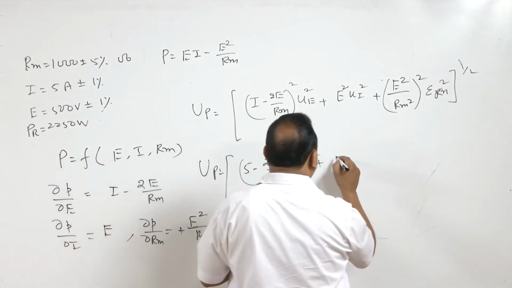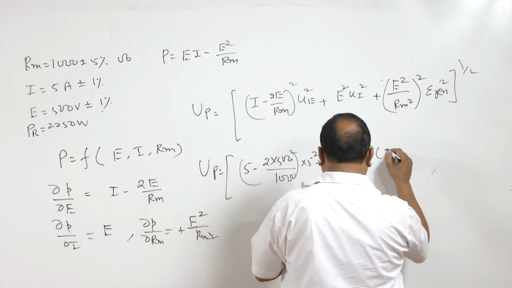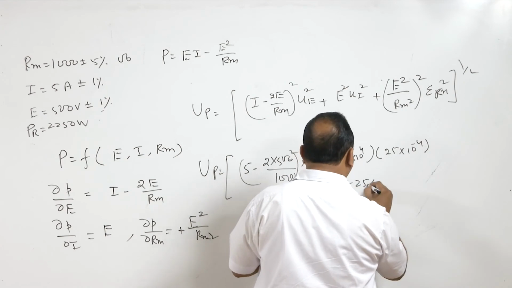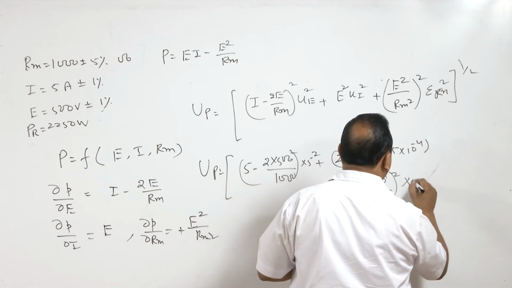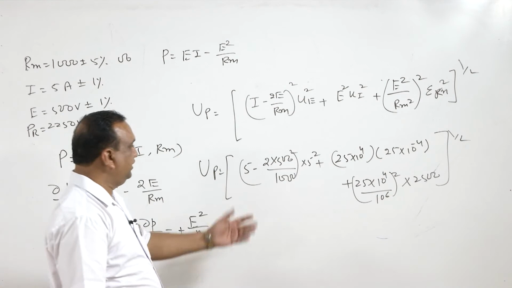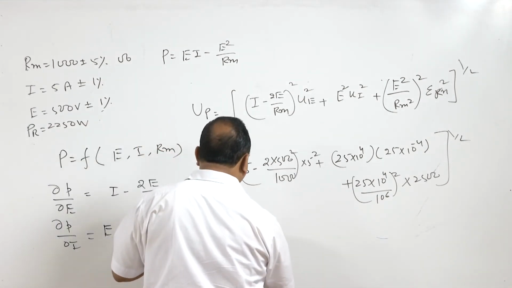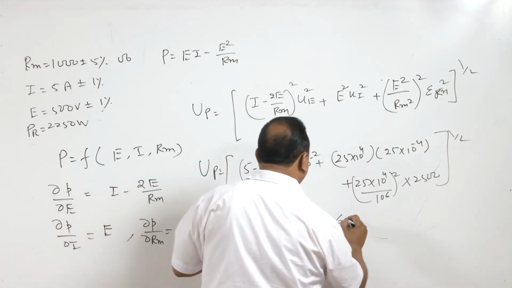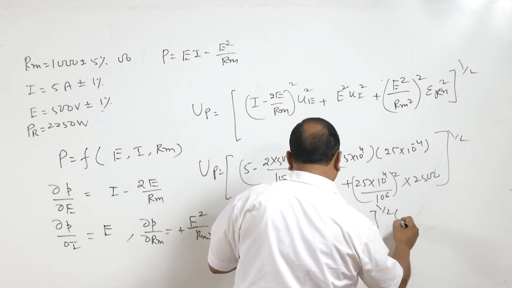Okay, it is E square is 25 into 10 to power 4, into 25 into 10 to power minus 4, plus 25 into 10 to power 4 divided by 10 to power 6 whole square into 2500, raised to power 1 by 2. If we simplify this, then we will get UP is equal to 16 plus 25 plus 6.25 raised to power 1 by 2 multiplied by 5.